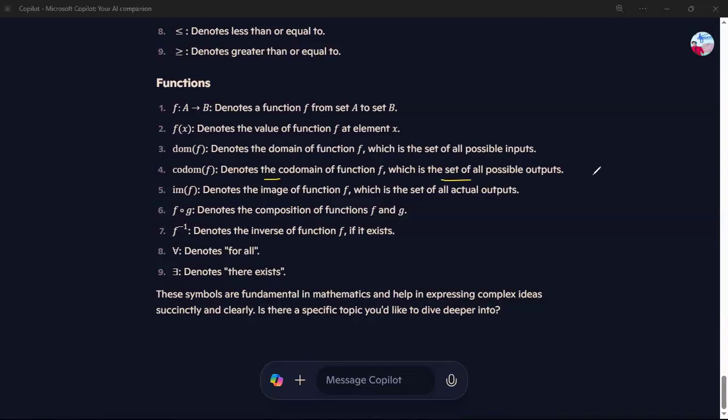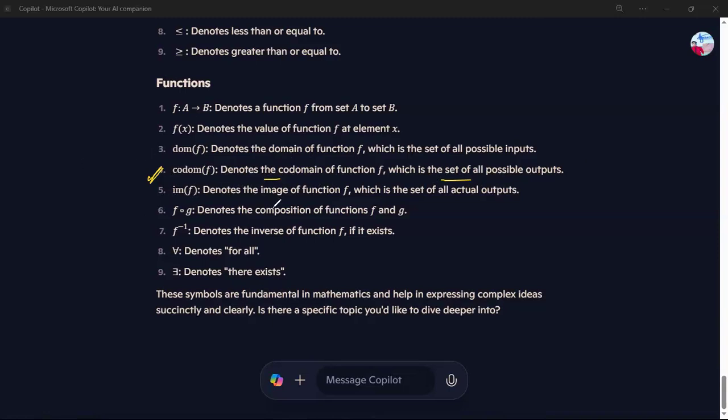You will be able to understand it better, but let's just look at it. Cod denotes the codomain, and range and codomain are different. Okay, there's a difference between codomain and range. Codomain is the set of all possible outputs, and range is the set of actual outcomes.